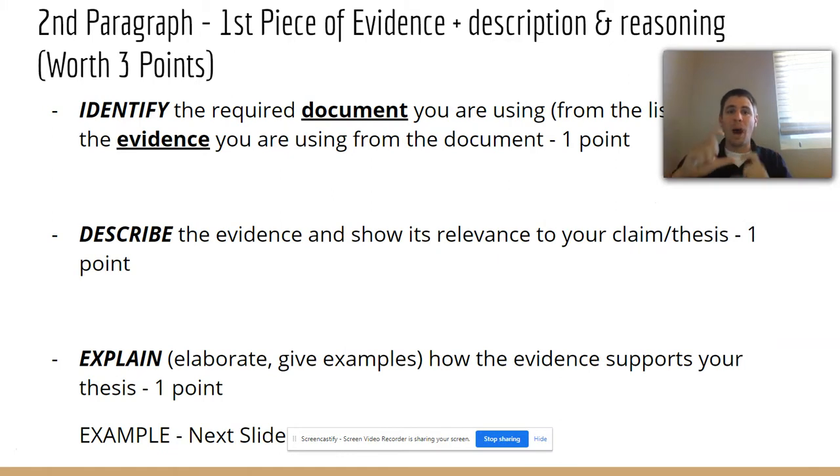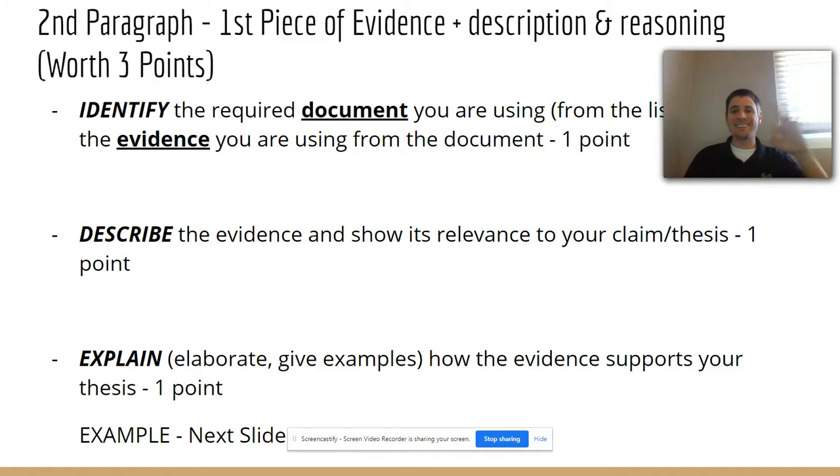Now your body paragraphs, paragraphs 2 and 3, each paragraph is going to relate specifically to one of the 2 documents that you choose. The one that you've chosen from the list, the other is up to you. And I would just have this be 3 sentences.